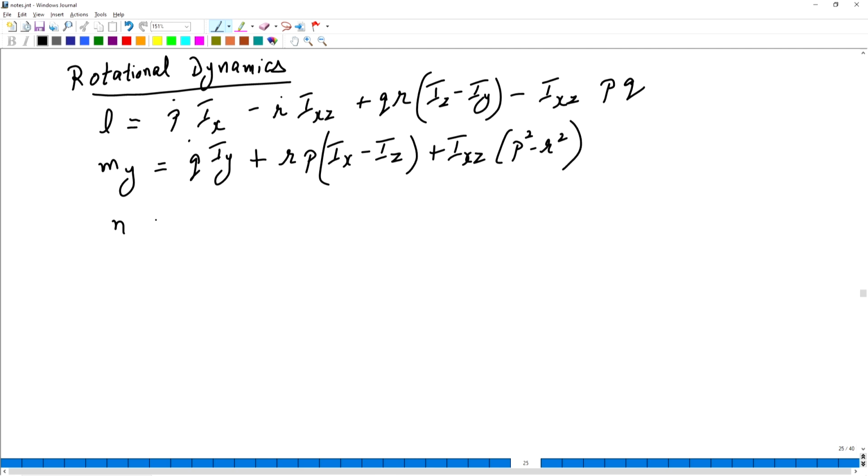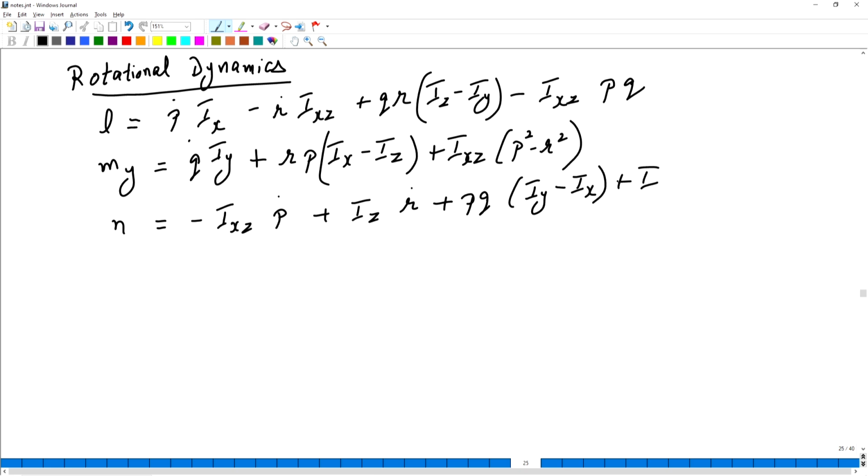Finally, the yawing moment equation: N equals minus Ixz into p dot plus Iz into r dot plus p into q into Iy minus Ix plus Ixz q into r. Let me take this as equation number 16.